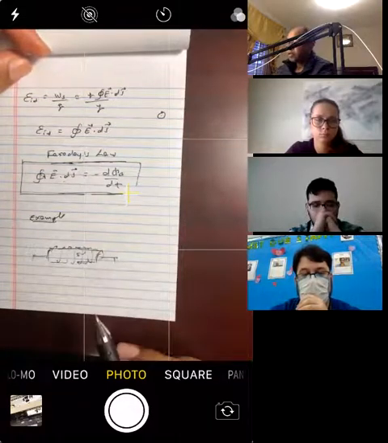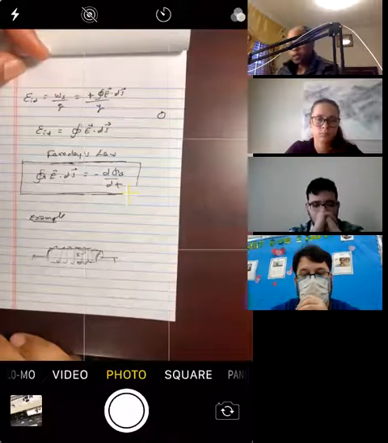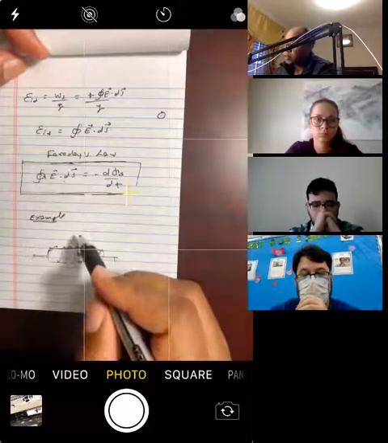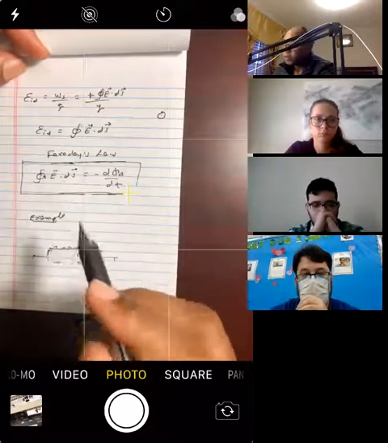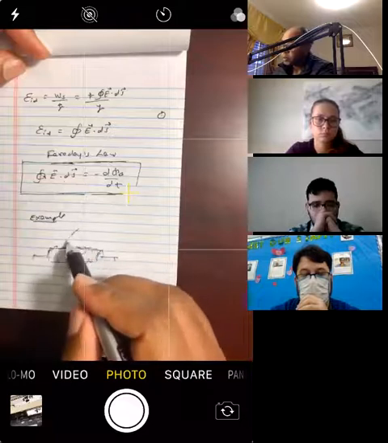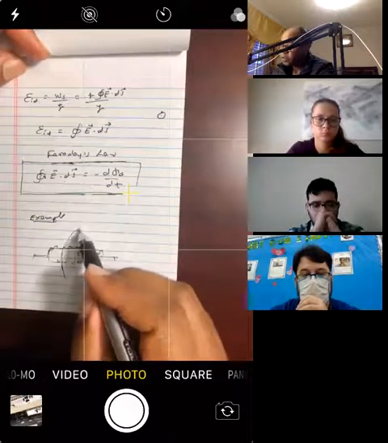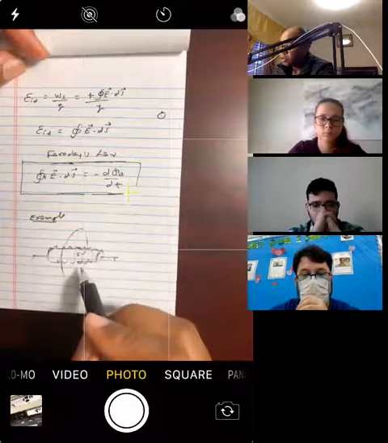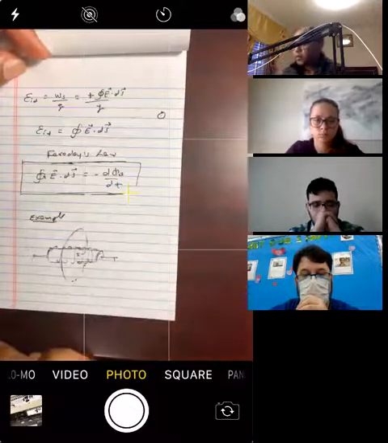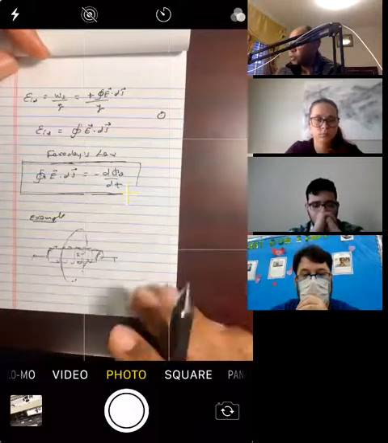Now, to make the calculation easier, I'm going to select my path for doing this integral to be a concentric circle like this, so that we can take advantage of symmetry.